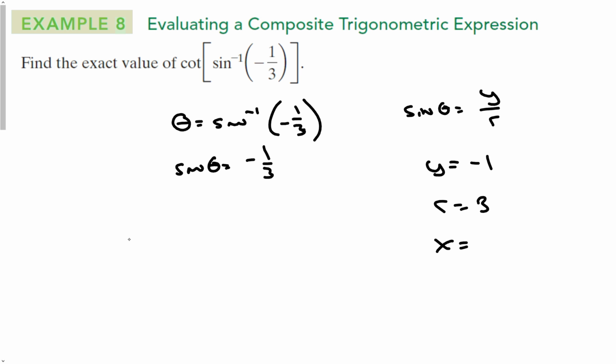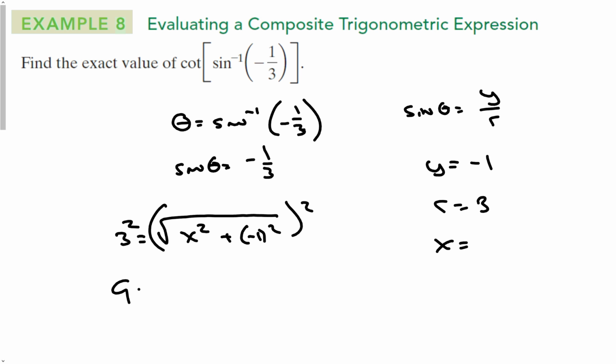So 3 is equal to the square root of x squared plus negative 1 squared. I can solve this by squaring both sides. So 9 is x squared plus 1. So x squared is equal to 8.